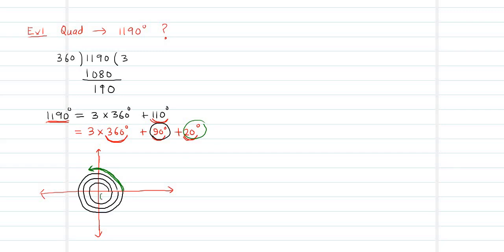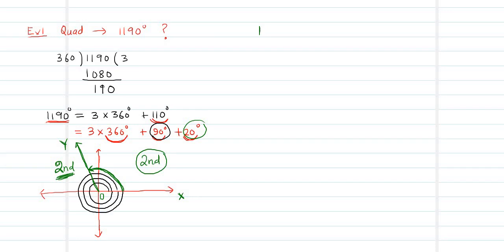So the revolving line OX, after rotating 3 complete revolutions and 110 degree, will come to this point. The final position is OY, and definitely this angle lies in the second quadrant, because the terminal ray falls in the second quadrant.